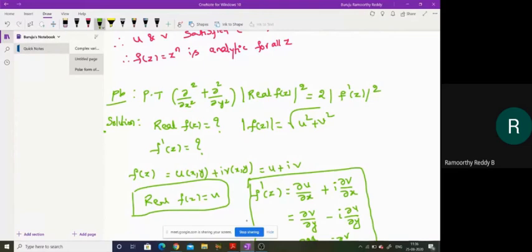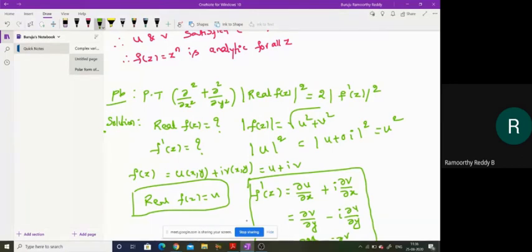So modulus of real f of z: real f of z is u, that means modulus of u whole square, which can be written as modulus of u plus 0i whole square, which is nothing but u square. So modulus of real of f of z is u square.